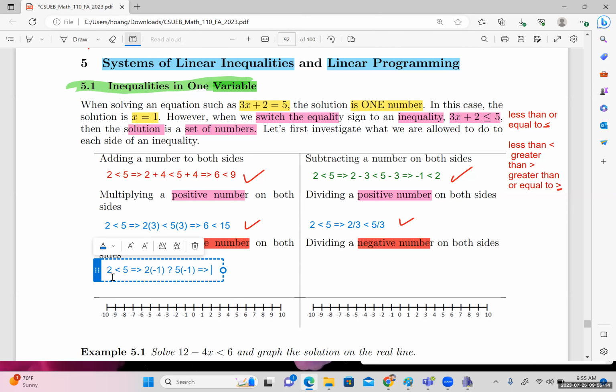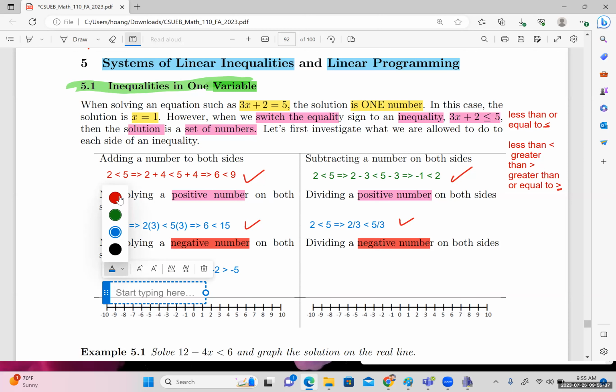Now I have -2 on the left and -5 on the right. Is -2 less than -5? No, it is greater than -5. So this changes the direction of the inequality.